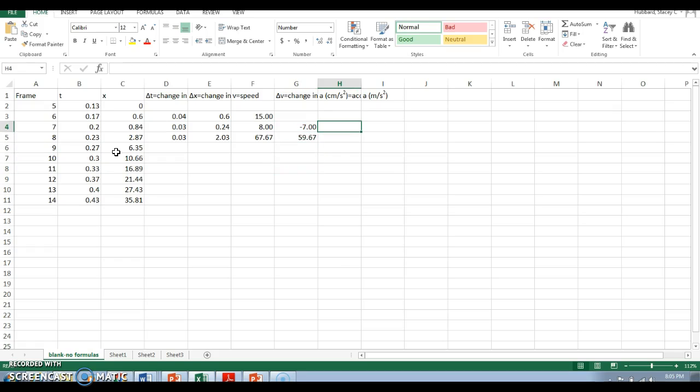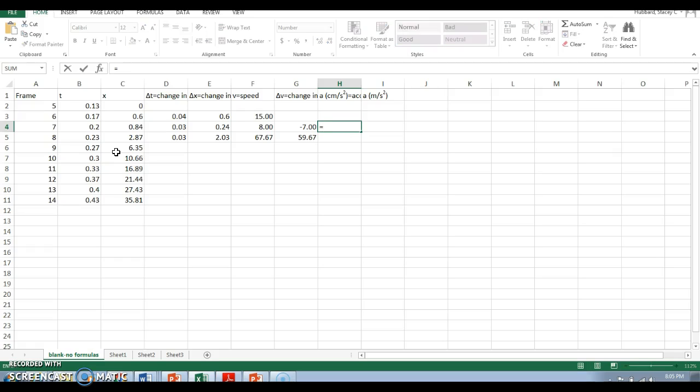Okay, now we're doing acceleration. What's going to be our formula for that? Well, acceleration is the change in velocity in a given time. So we're going to do another division, just like we did for velocity, but it's a little different for acceleration. We're going to do change in velocity divided by our column, change in time. So we're going to skip those first two rows again.